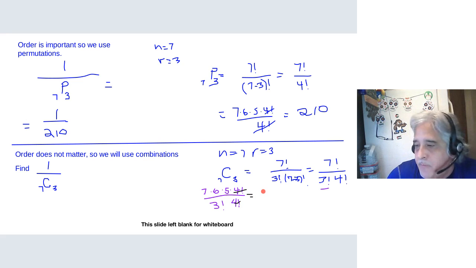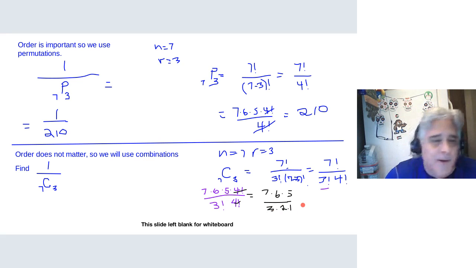So then what I'm left with is 7, and then it's 3 times 2 times 1. Now the 1 really doesn't add anything, because 3 times 2 is 6, 6 times 1 is 6.